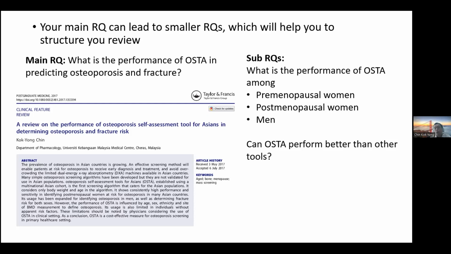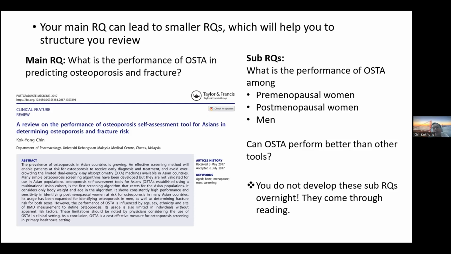As we went through the literature, we did find studies answering each of these populations. Therefore, in this review, we structured the content according to the performance of the OSTA in each of the subpopulations. Towards the end, we also answer the research question: can OSTA perform better than other osteoporosis screening tools as well?